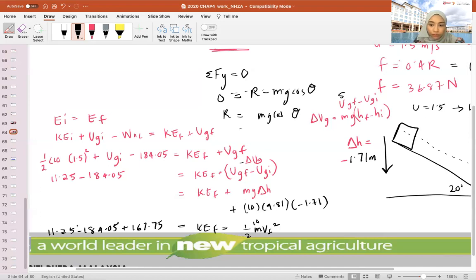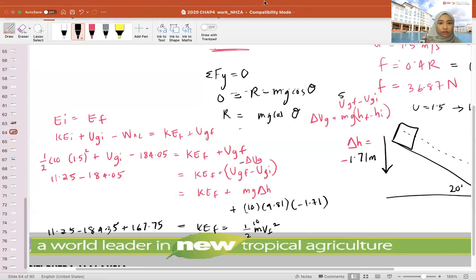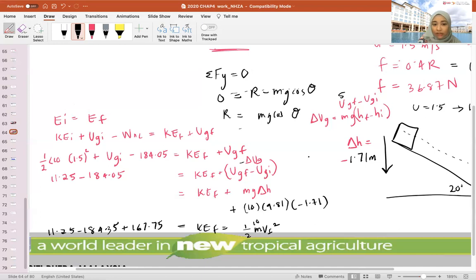Kenapa yang 11.25 je? 1.5 divided by betul dah. Doktor, rasanya yang 184.05 tu saya dapat 184.35. Oh, ni 35. Hmm. Oh, tapi dia still lah 184 juga kan. Okay, tak apalah. I will continue this next class. But equation dia dah betul. Value dia mungkin salah kat sini.